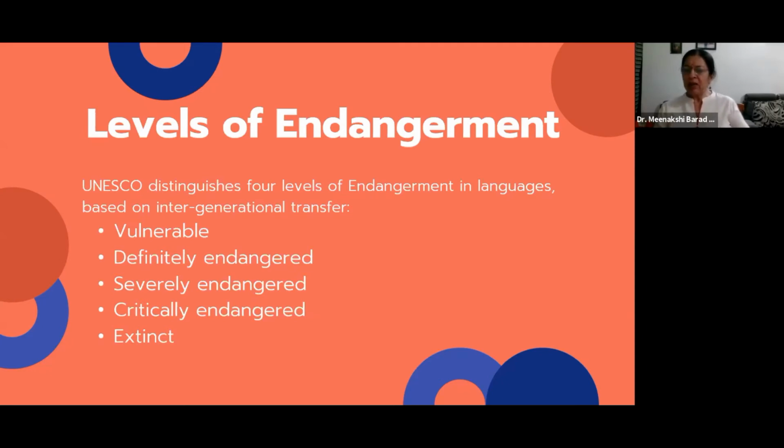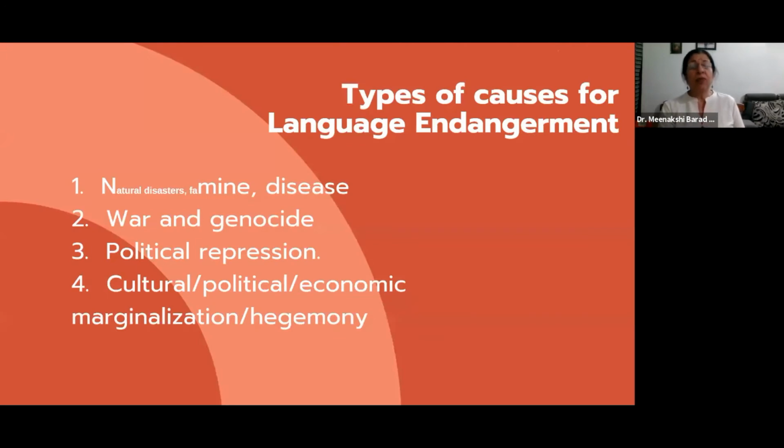And critically endangered is when the youngest speakers are grandparents and older, and they speak the language partially and infrequently. And of course, extinct is when the language is dead. So now let's look at the types of causes.